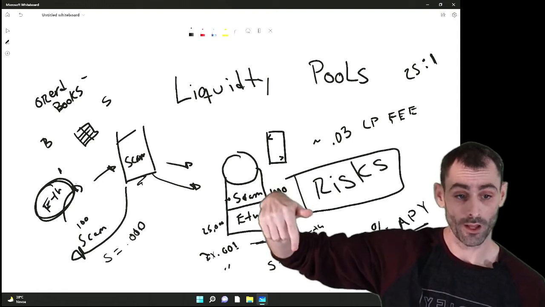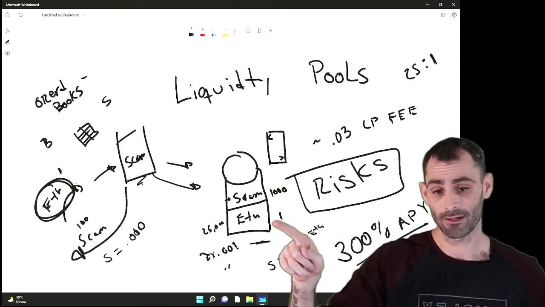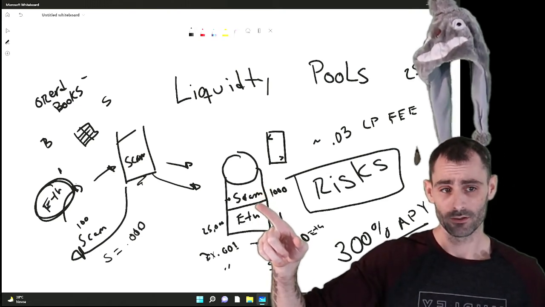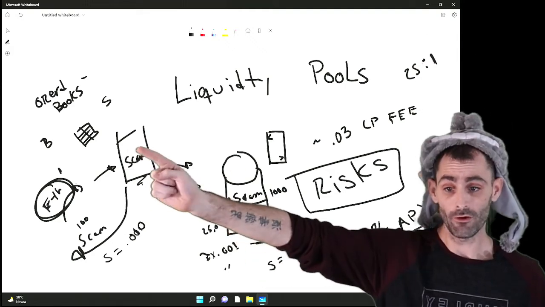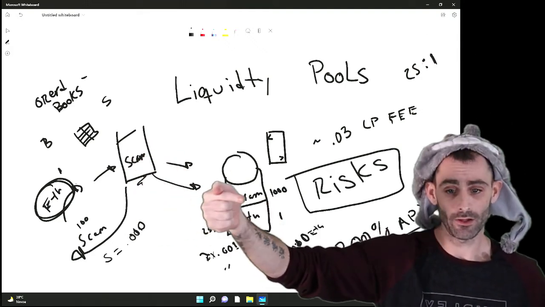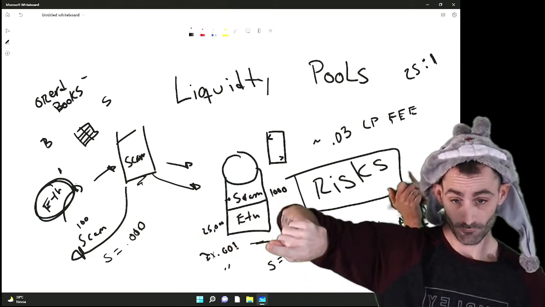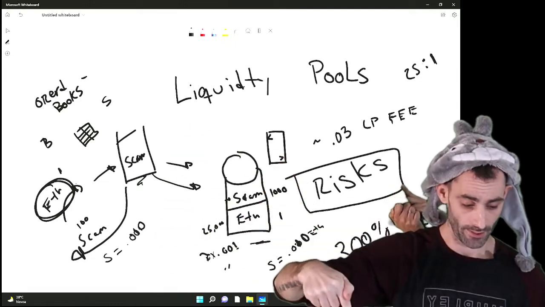Now, the whole time, what am I, the scam coin creator, doing? Every time they add Ethereum in here, there's less scam coin for people to buy. So I'm going to create myself some more scam coin. I'm going to sell the scam coin to the market, and I'm going to pull this Ethereum out and cause the price of scam coin to go down.